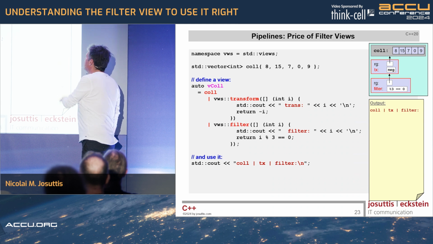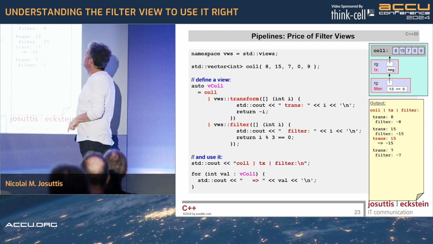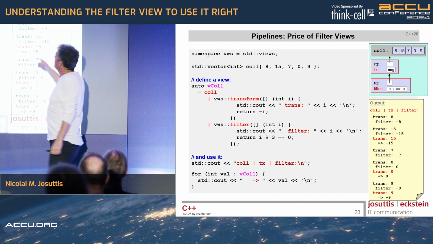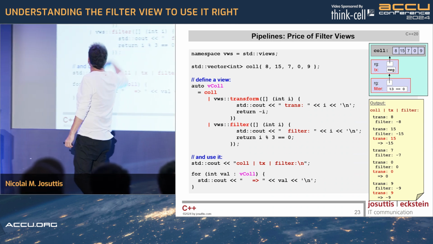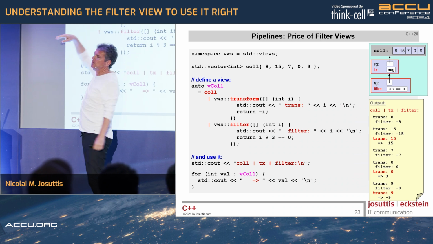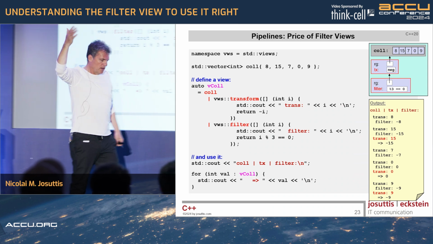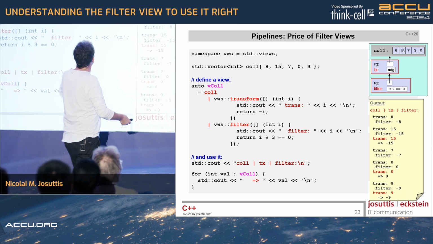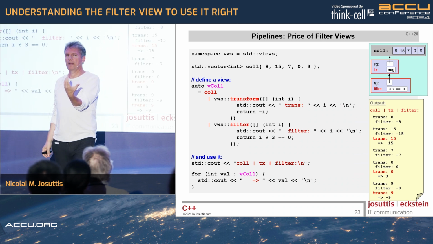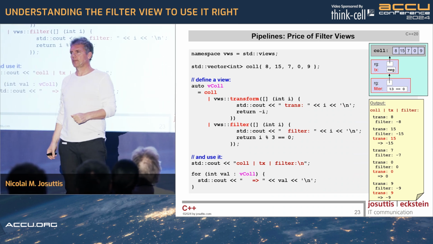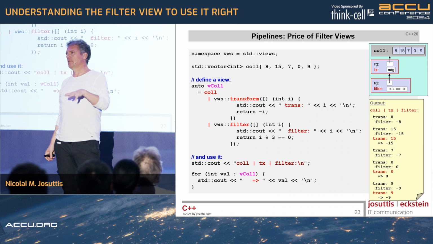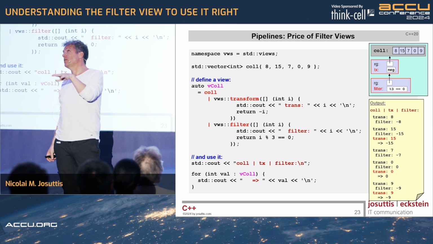So when we start the loop, we will have this output. We ask for begin. Begin goes to filter, filter goes to transform, transform goes to the container. Container gives the position of the first value. Transform says, oh, wait a minute, I need the value there. So it called star.